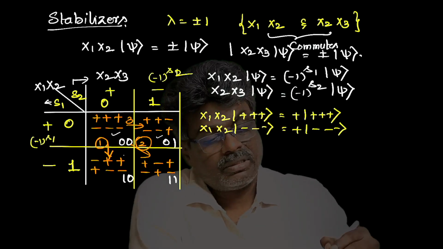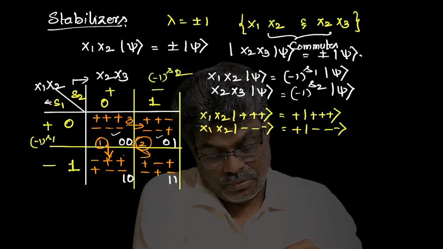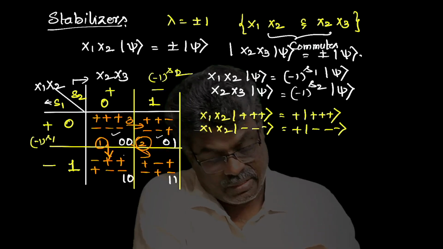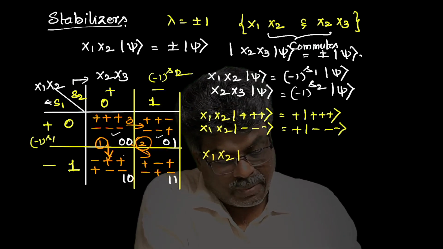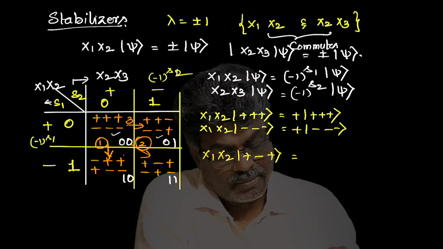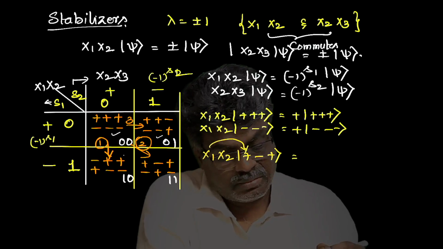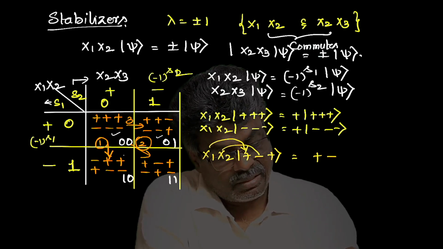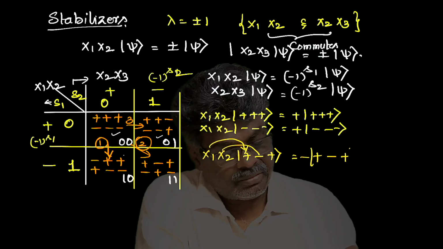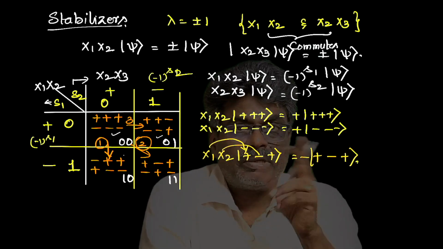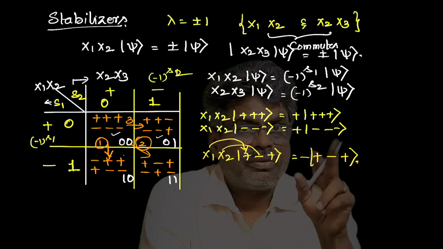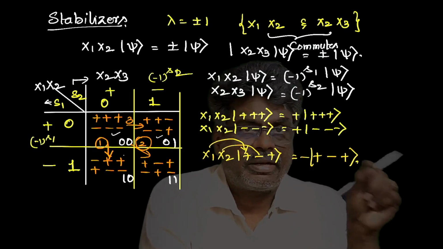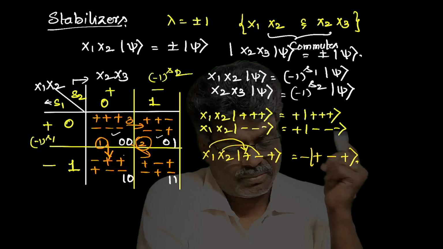Now for example, if you take some other one, this one let us take. Let us check. x1 x2 operates on plus minus plus, so here it is plus only, and once x2 operates on this minus, we'll get minus. That means earlier z operates on 1, we'll get minus 1, and here x operates on minus state, we'll get minus minus.